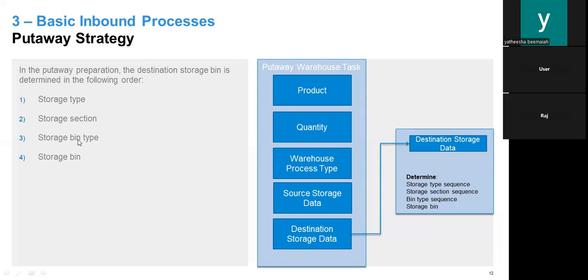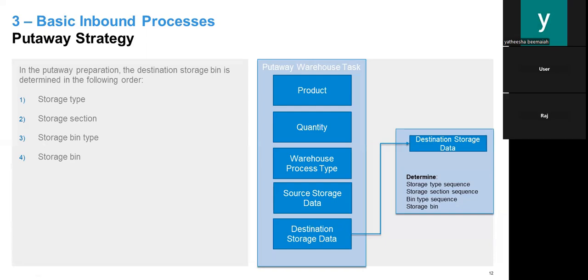Then it will determine the storage bin. So for that, storage bin type is the strategy to determine the storage bin. Storage bin type is nothing but, for example, we have the pallets. So some pallets will go and sit in the storage bin which is 1 meter height, and some pallets will be stored in the storage bin which is 2 meter height.